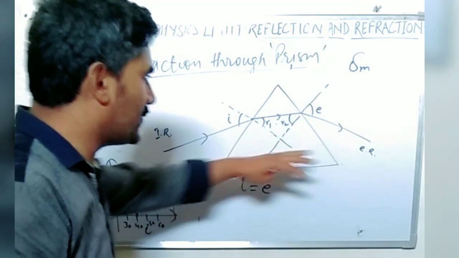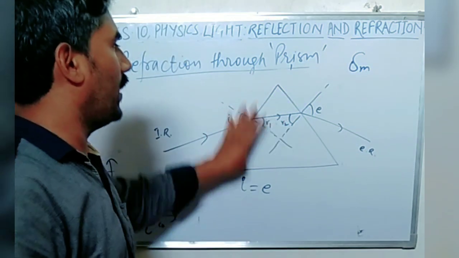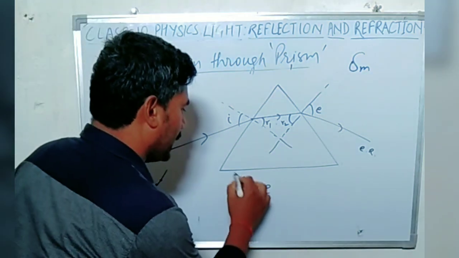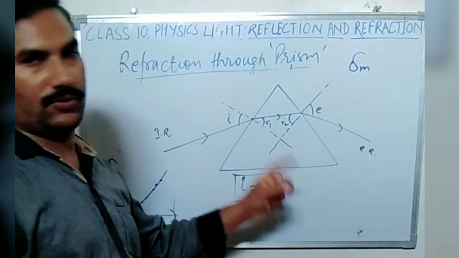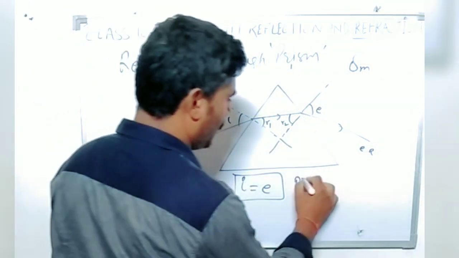It means if the direction of the incident ray and emergent ray is reversed, it would still have been true. So from this we get angle of incidence equals angle of emergence by the principle of reversibility.